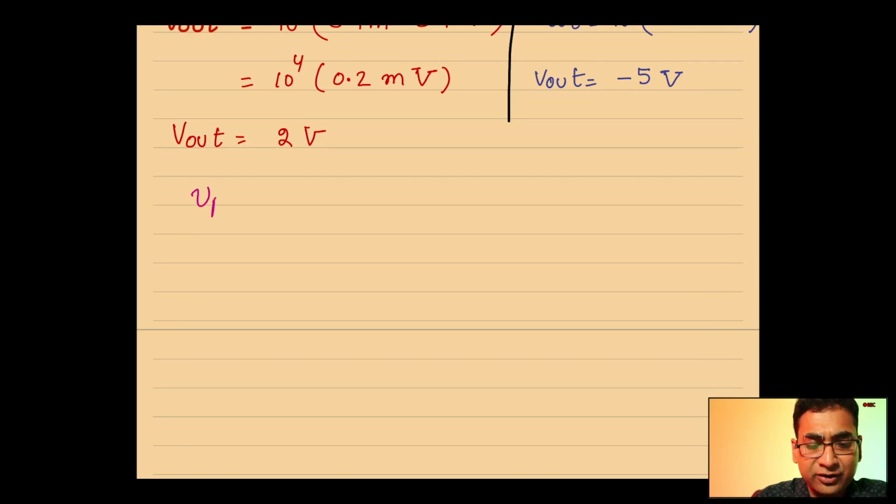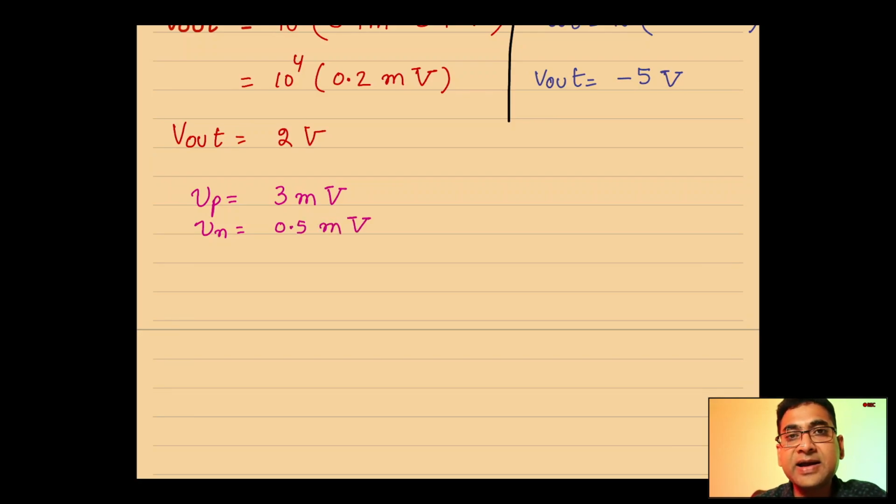Let's pick a value for Vp equals 3 millivolts, and let's pick a value for Vn to be 0.5 millivolts.